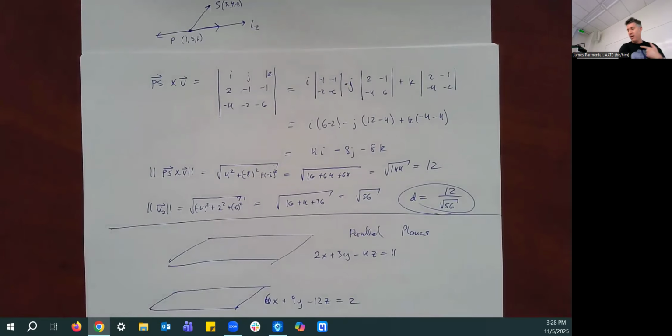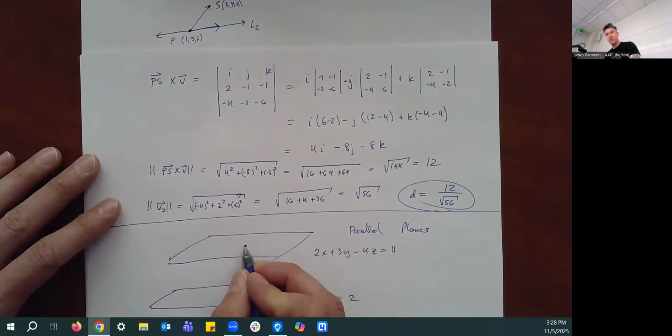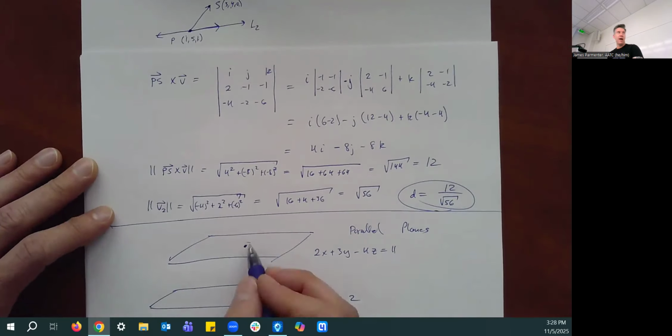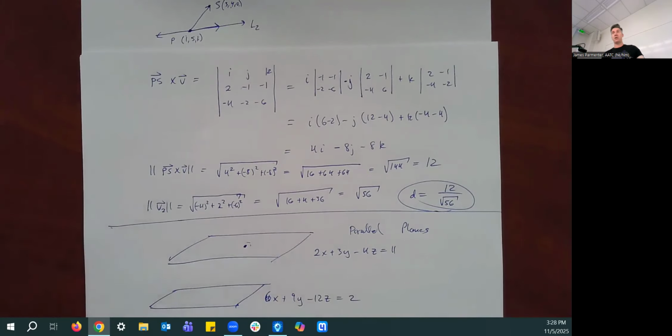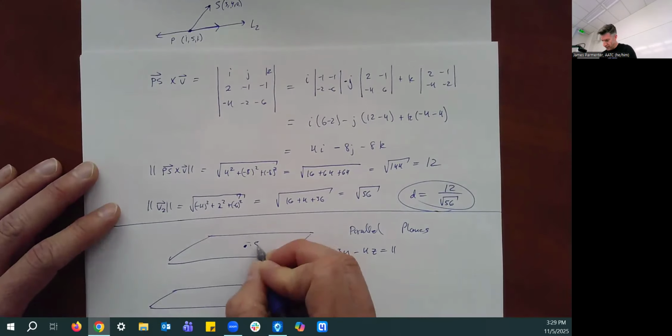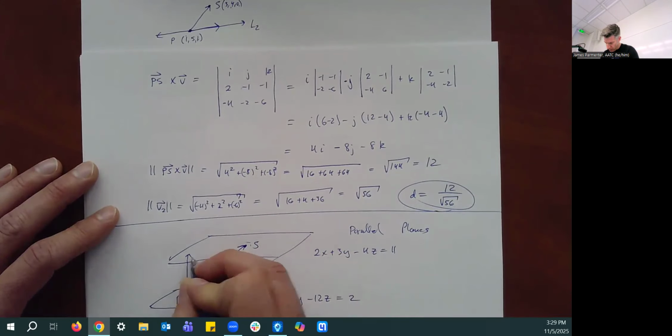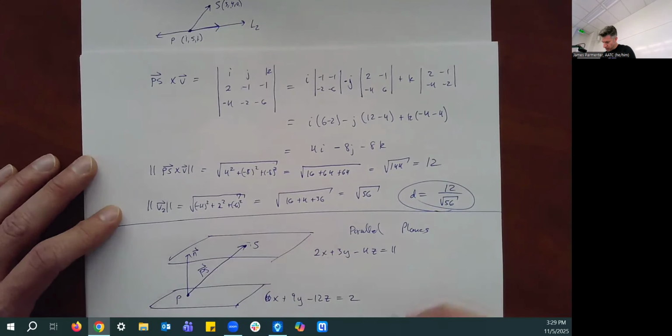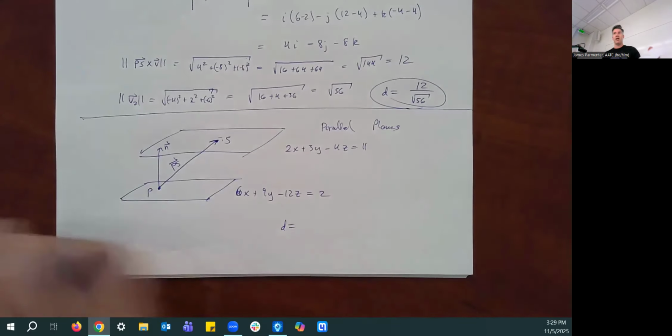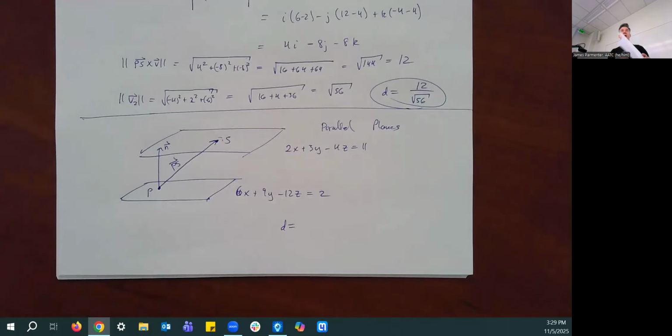That's an important point. Then you just pick a point on this plane and find the distance from that point to that plane, which is the same sort of idea. You find the normal vector. So here's your point S, you pick some other point P, you find the vector PS, you use your normal vector to your plane, and then your distance here is going to be, well, it's not a line, which doesn't rhyme with sine, so it's got to be not sine but cosine, which means you use the dot product.